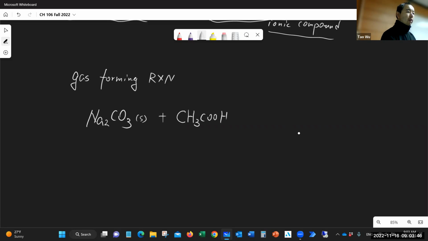Acetic acid dissolves in the water and becomes vinegar. So this is acetic acid, and this is also vinegar. And this is baking soda.